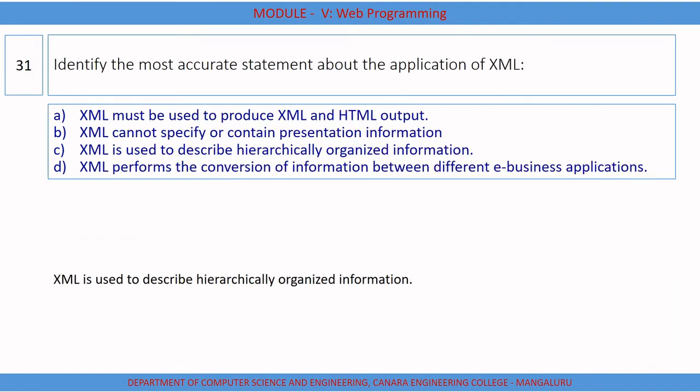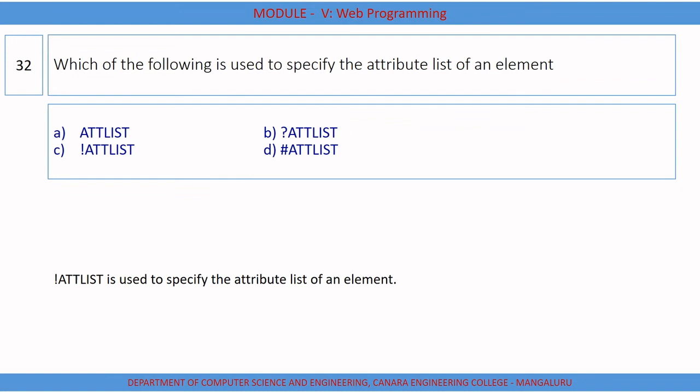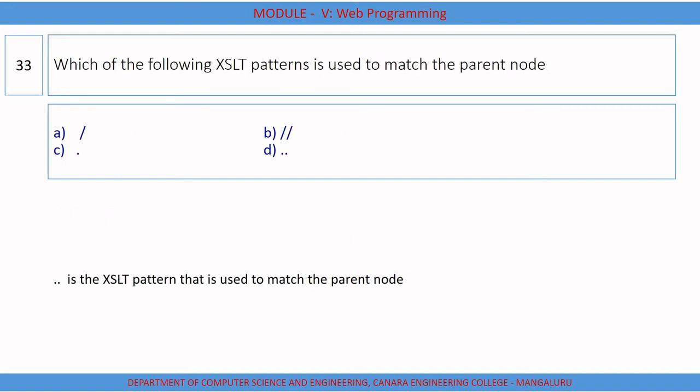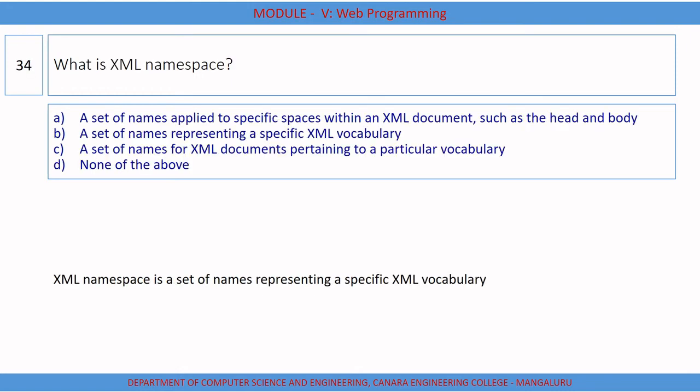Most accurate statement about the application of XML is C, that is organized information. To specify the attribute list of any element, ATTLIST, C. XSLT pattern used to match the parent node is D, double dot.